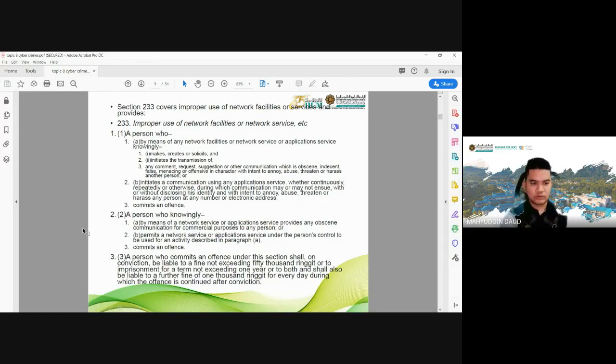Or 1(b), a person who initiates a communication using any application service, whether continuously, repeatedly, or otherwise, during which communication may or may not ensue, with or without disclosing his identity, and with intent to annoy, abuse, threaten, or harass any person at any number or electronic address.